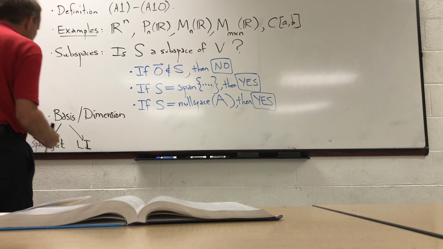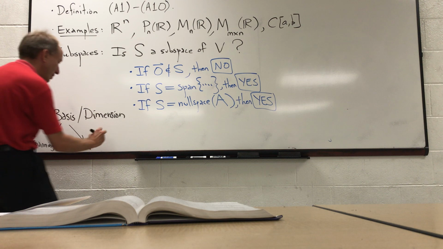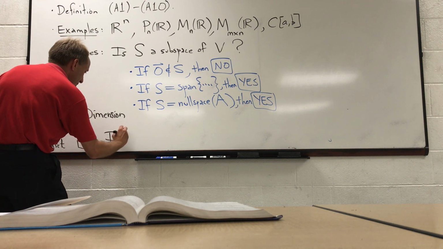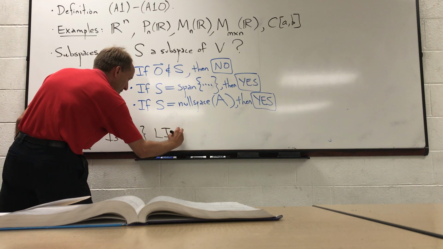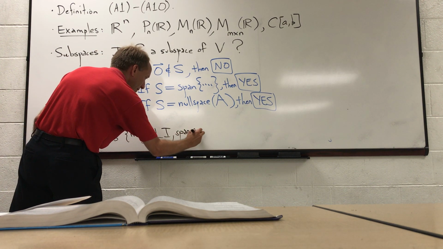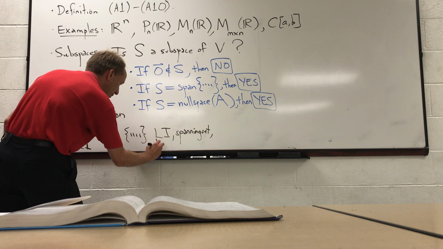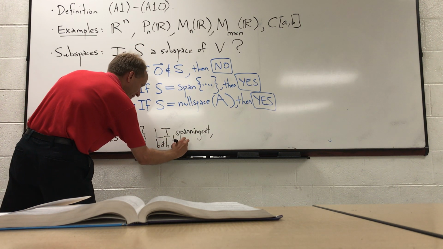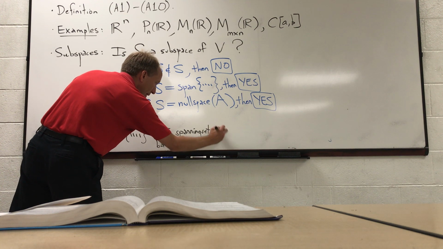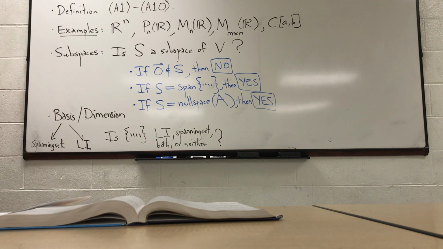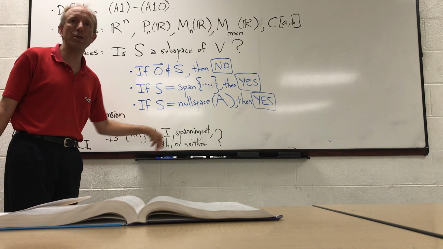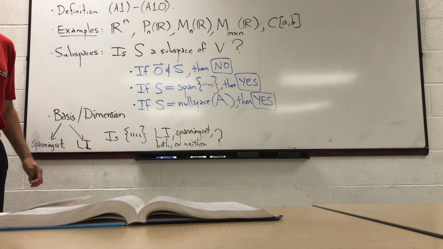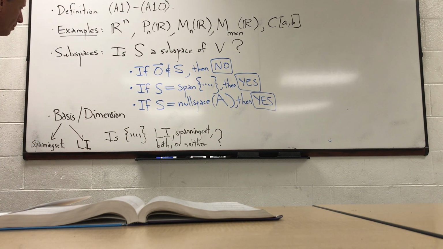Usually what I'll do is I will give you a set and I will ask you, is this set LI, a spanning set, both, or neither? We've practiced this in our group work quite a bit, and certainly there have been a lot of problems where I've given you a set of vectors and I ask you which of these things is true. Okay, so that's something to keep in mind as well.